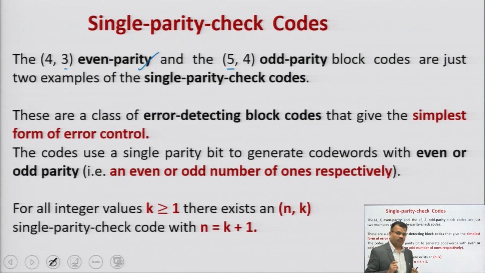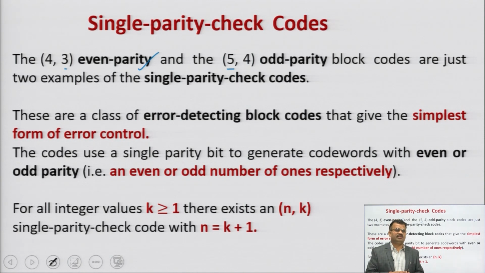If I am saying odd parity, it means number of ones are odd, that we have to keep in mind. So, even parity odd parity ये depend करेंगे number of ones हमारे information bits में कितने हैं. तो 4,3 सिंगल पैरिटी चेक कोड्स का एक एग्जाम्पल है, that is 4,3 even parity single parity check codes. Similarly, 5,4 that is the odd parity check codes.